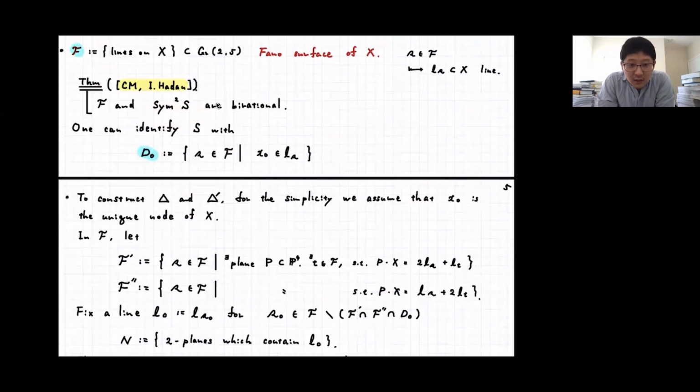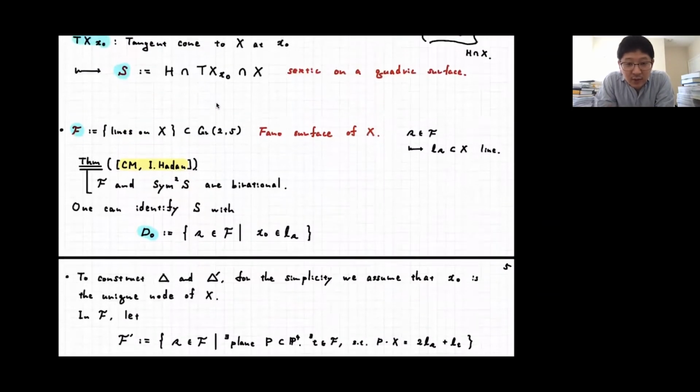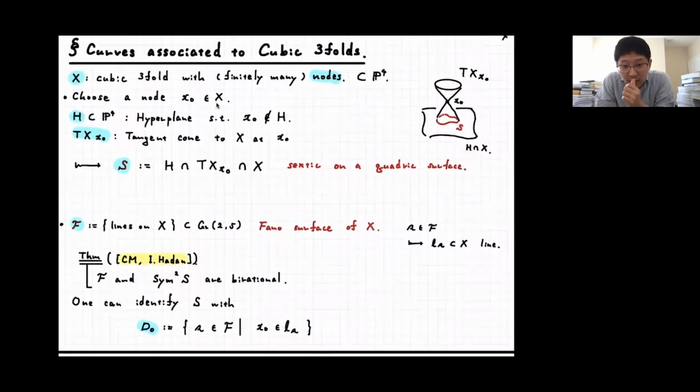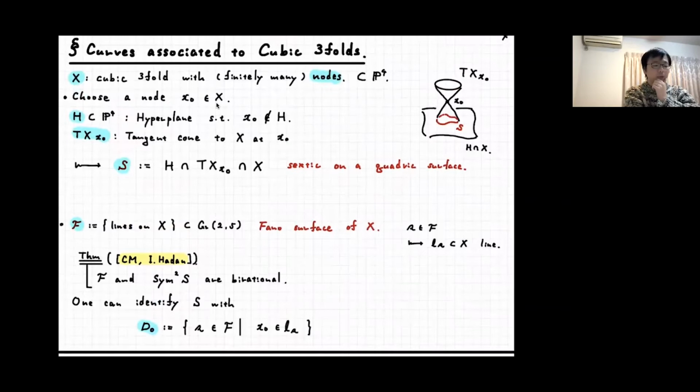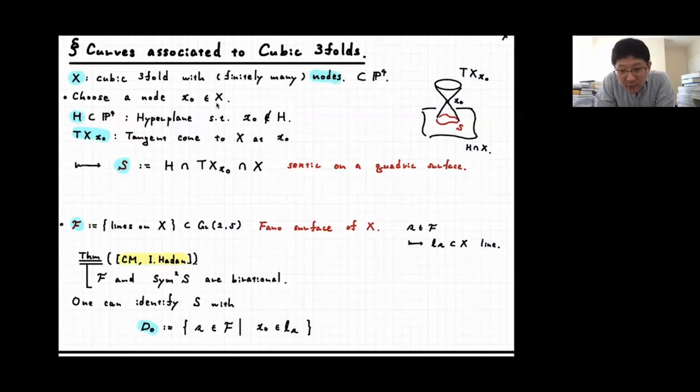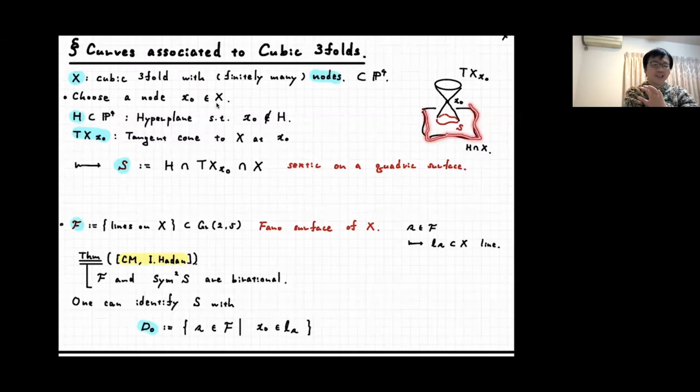Excuse me. In the previous slide, the S is some curve on a cubic or quadratic surface, may I ask? The sextic curve, S is a curve. On this quadratic surface or cubic surface? Quadratic surface. To draw the figure, I chose H intersection X, but the quadratic surface appears when we consider H intersection the cone T_X x naught.